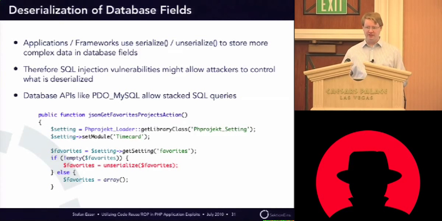But nowadays, especially all these Zend Framework applications, they use PDO MySQL to access the MySQL database. And PDO MySQL has no protection against stacked queries. So when you have an application with PDO MySQL, you can inject the usual semicolon drop tables, and this was not possible previously. But now you can do that with modern applications, and so you can modify the whole database.